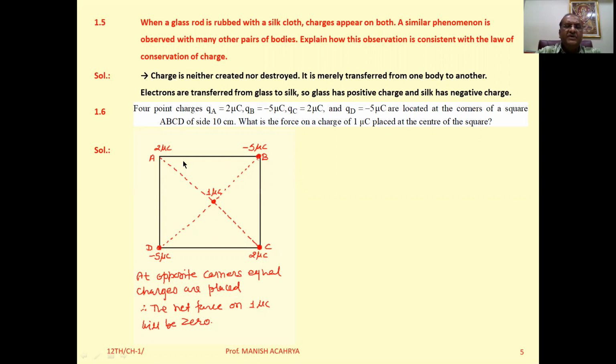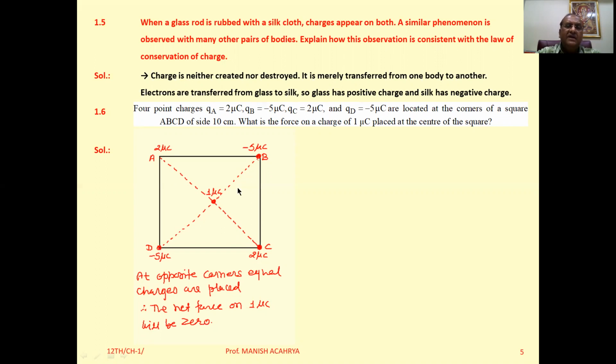Now see, suppose we represent all these charges at the corners of a square, then we can observe this. The diagonally opposite charges are identical. So here at A 2 microcoulomb, at C 2 microcoulomb. It implies that if at the center of these two charges any charge is placed, then the net force will be 0.